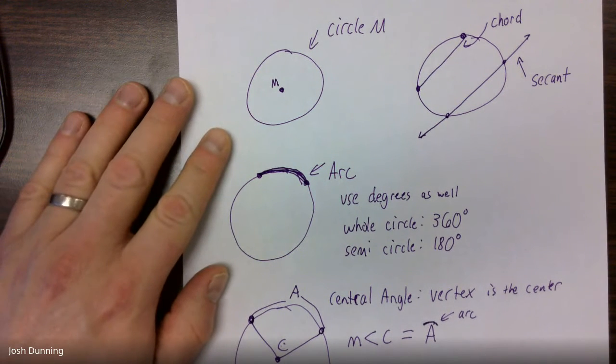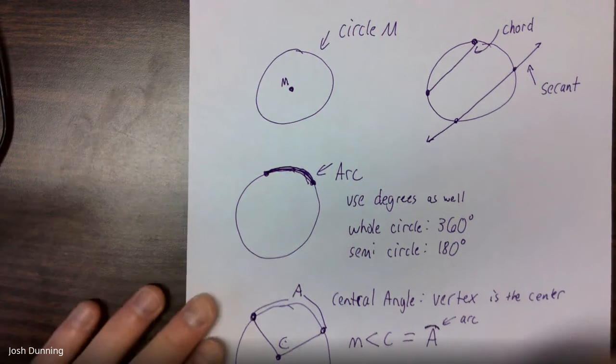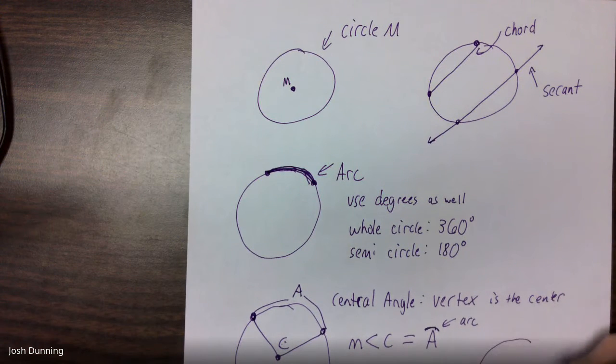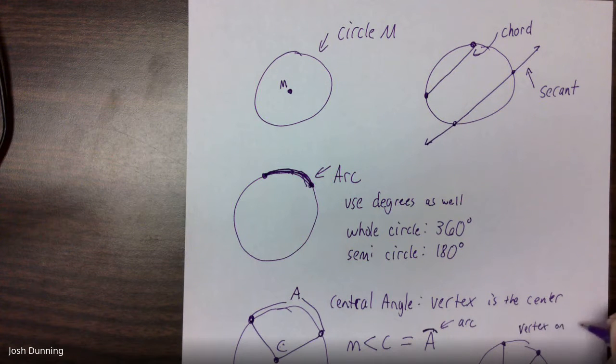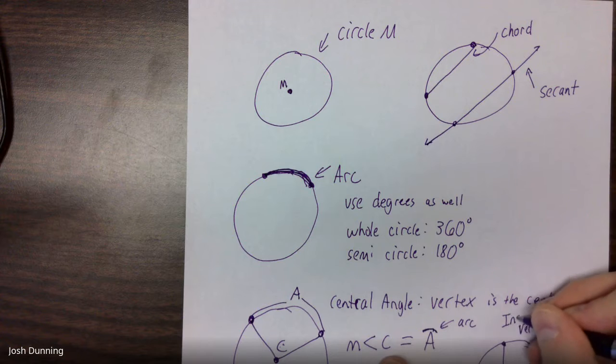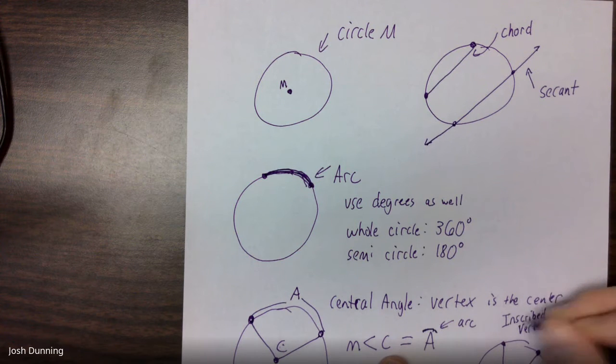And another one similar to this, the name for this one isn't as evident. If we make an angle where the vertex is on the side of the circle, a vertex on the circle, this is called an inscribed angle.